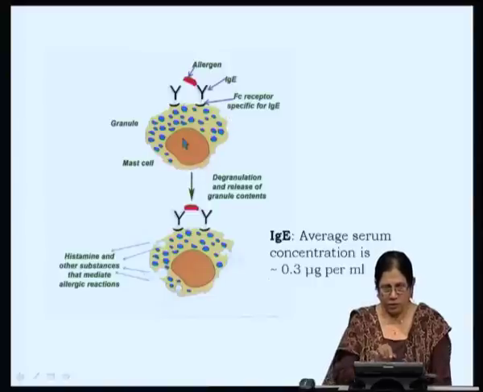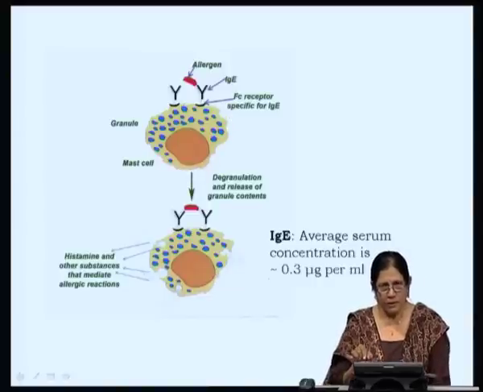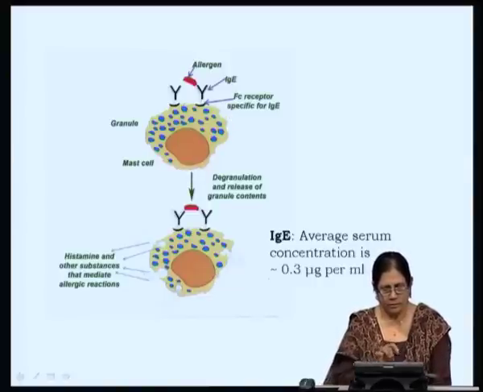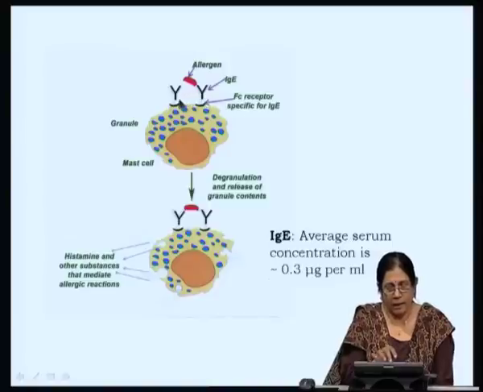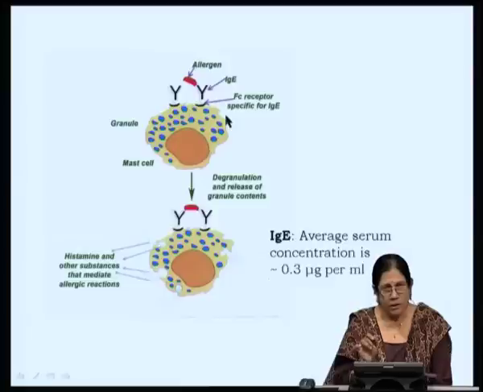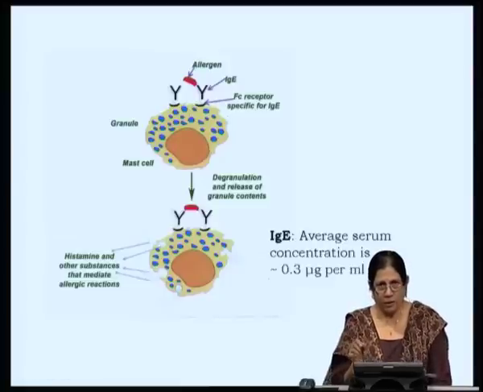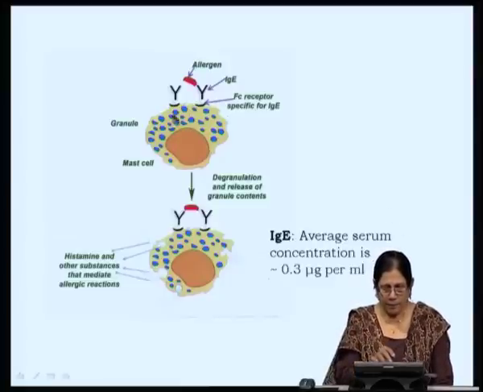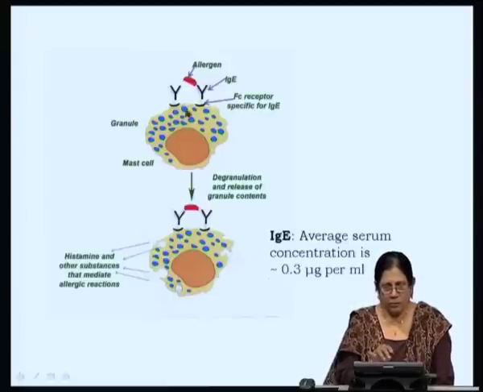cells, and this is the picture of the mast cell, basophils as well as eosinophils. And IgE may not have a very long half life in circulation, but present as bound to the Fc receptors, IgE molecules can be stable for weeks.